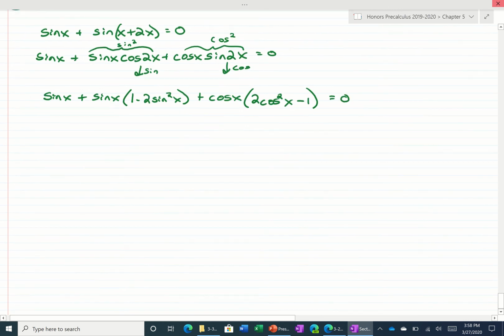All right, let's try to simplify and see if there's anything we could do. So we get the sine of x plus sine of x minus 2 sine cubed of x plus 2 cosine cubed of x minus the cosine of x is equal to 0.